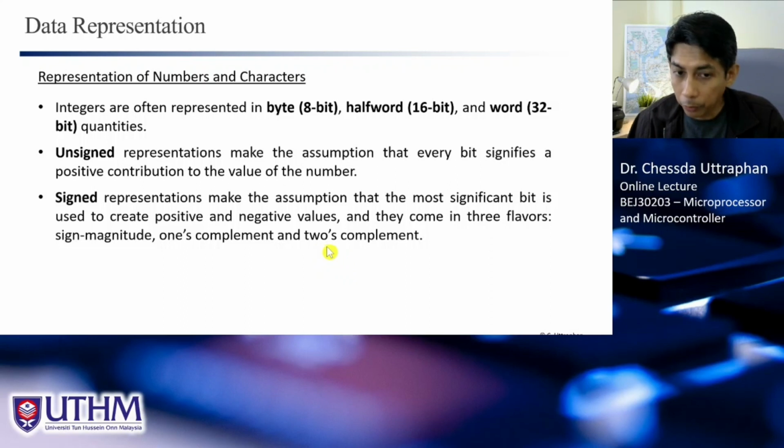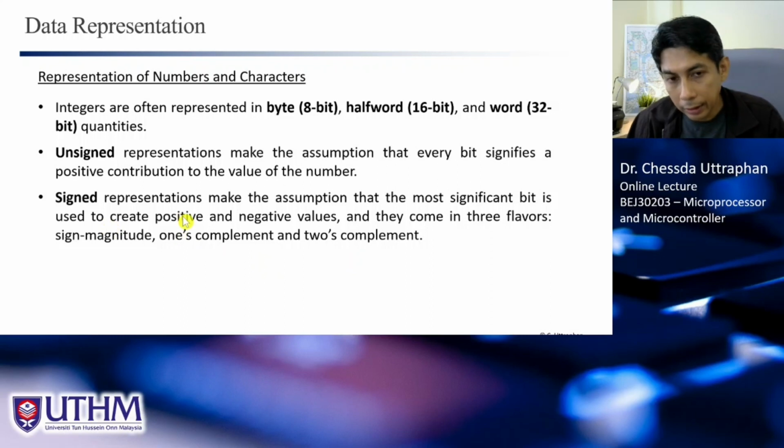Because we want to do arithmetic operations, and for adding, positive numbers are okay, but for subtraction we need to use the adder also. But to use the adder for subtraction, we need to use the two's complement. The process we learned already in the previous semester.